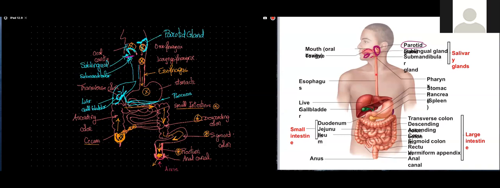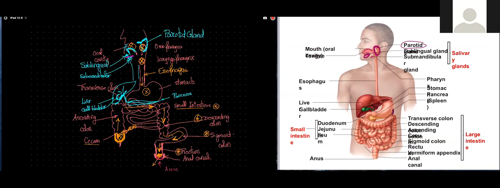A muscular tube that will be conducting the food down here from the pharynx towards the stomach. This is the esophagus. This muscular sac located below the diaphragm is going to be the stomach that will be conducting the food to the small intestine that reaches the large intestine.